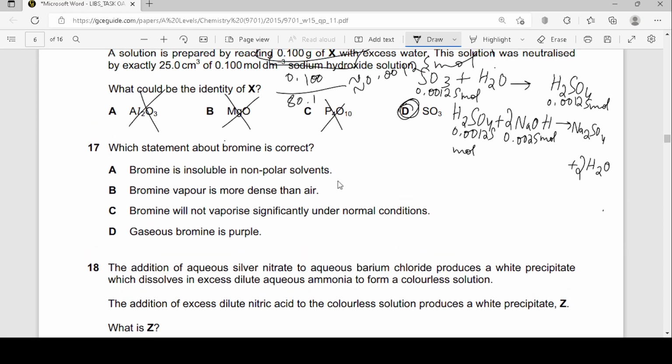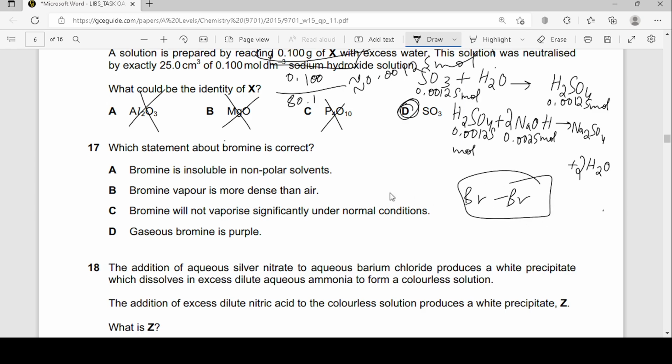Bromine is insoluble in non-polar solvents, but bromine itself is a non-polar molecule, so it should be soluble in non-polar solvents, shouldn't it? So this is wrong immediately because a non-polar molecule should be soluble in non-polar solvents. And then bromine vapor is more dense than air. Well, air normally we talk about it as consisting of nitrogen and oxygen and other things like argon and carbon dioxide.